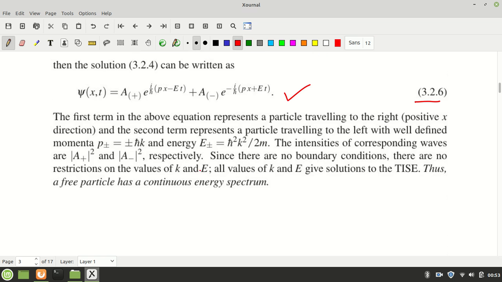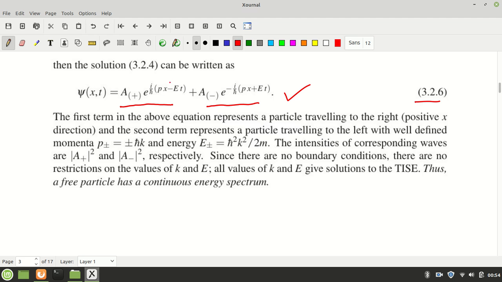Now the first term, you can see, is a harmonic wave, or you can tell it as the plane progressive wave, which is a plane wave traveling in the positive x direction, and the second one is a plane wave traveling in the negative x direction.